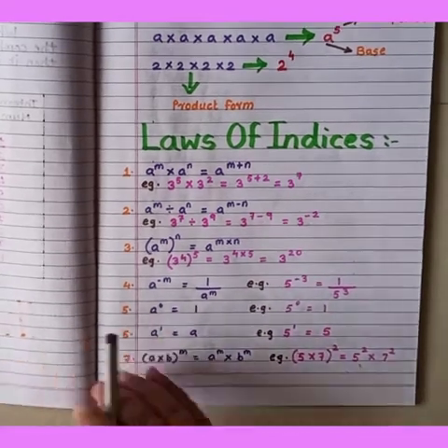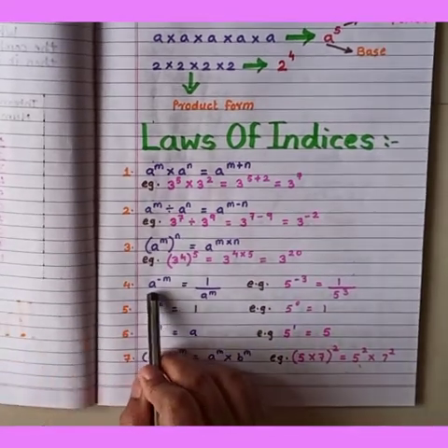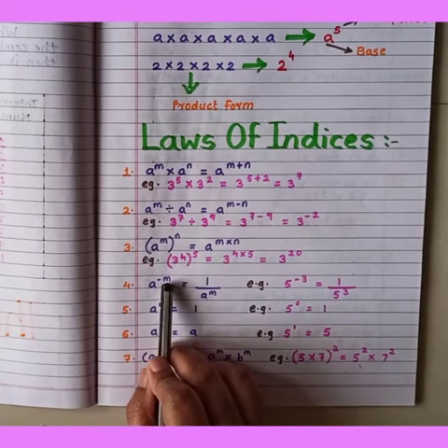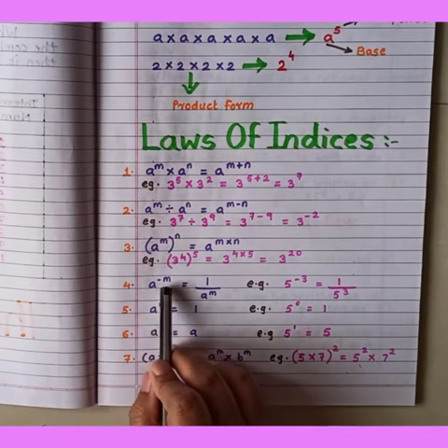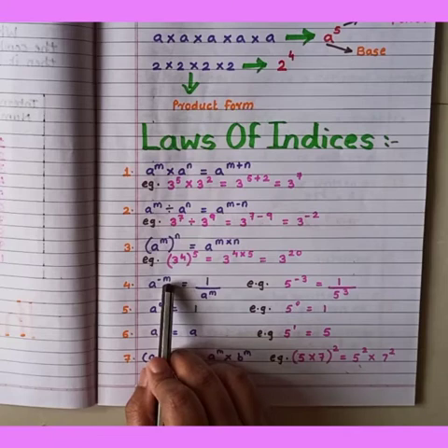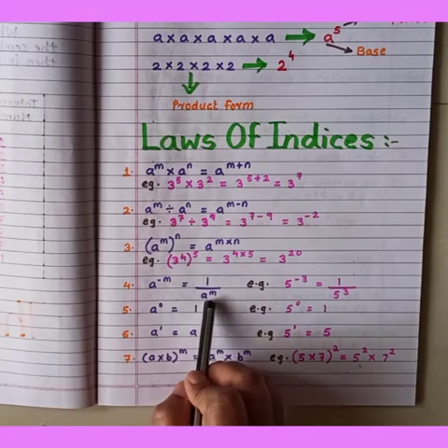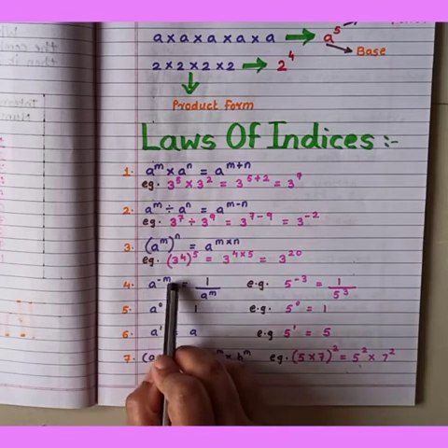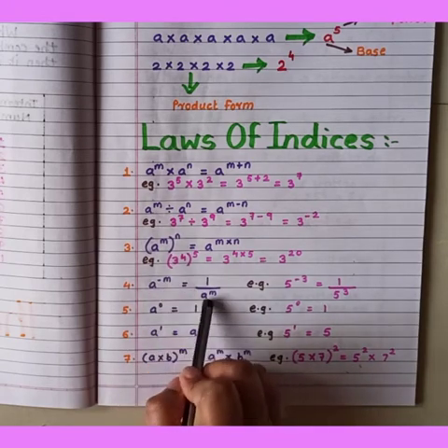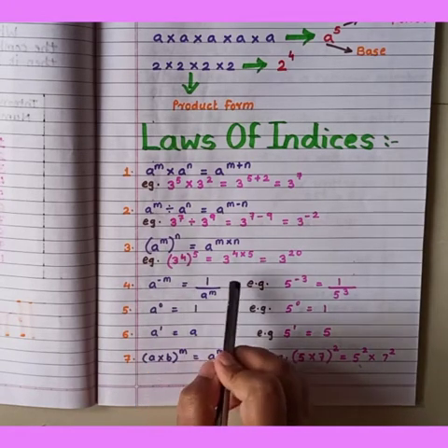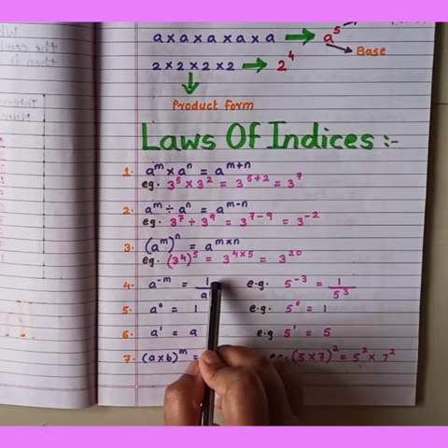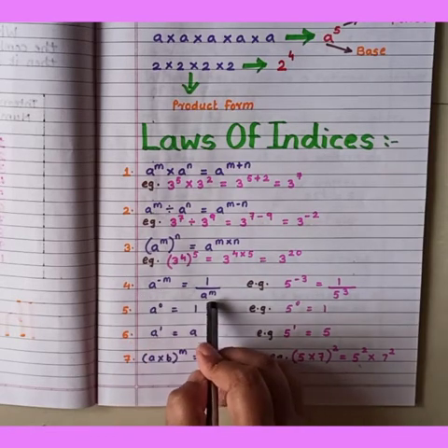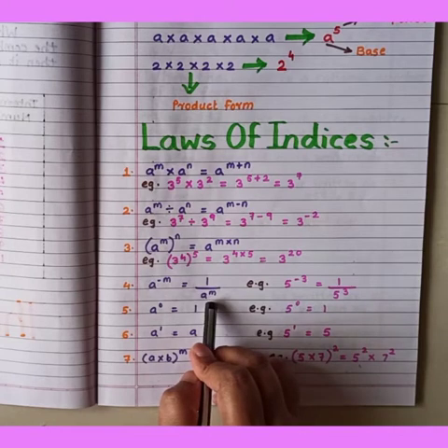Next law. When we have a negative index, it becomes positive when we take the reciprocal. Meaning, when we write this term as a reciprocal, we take 1 in the numerator and that particular term in the denominator.